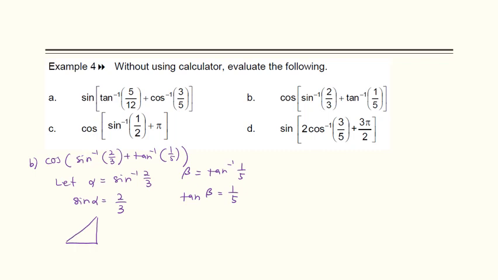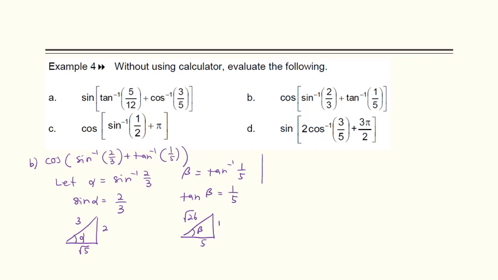For alpha, we have 2, 3. What is the adjacent? Square root 5. Then for tangent beta, this is angle beta, 1/5. What is the hypotenuse? Square root 26.